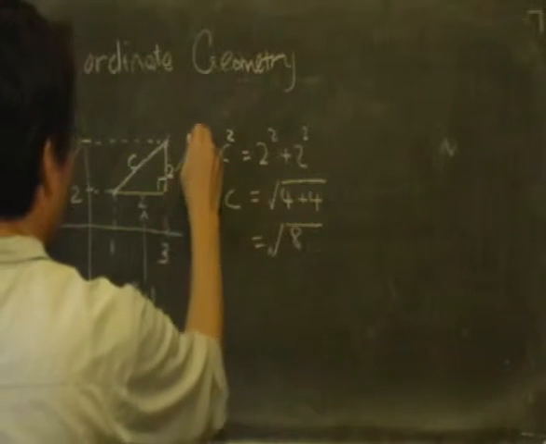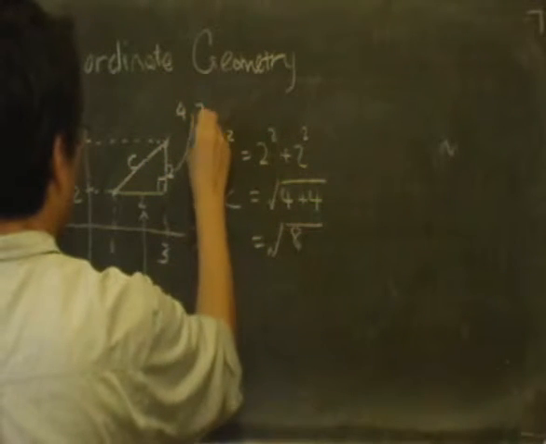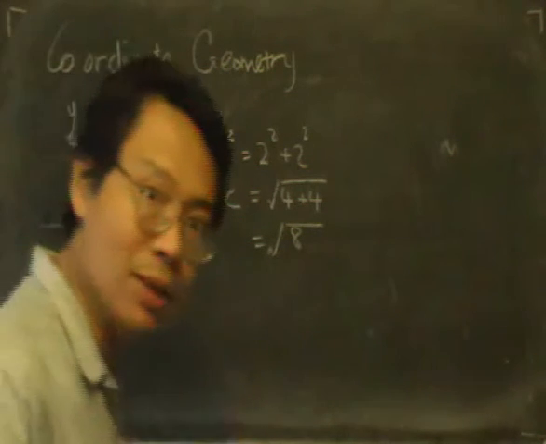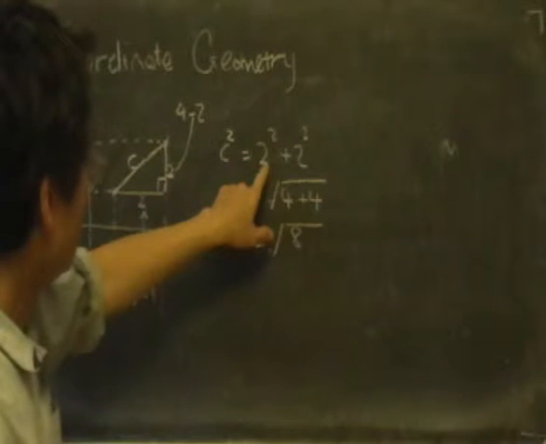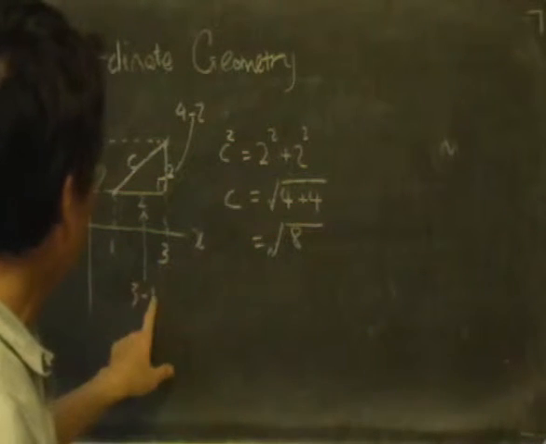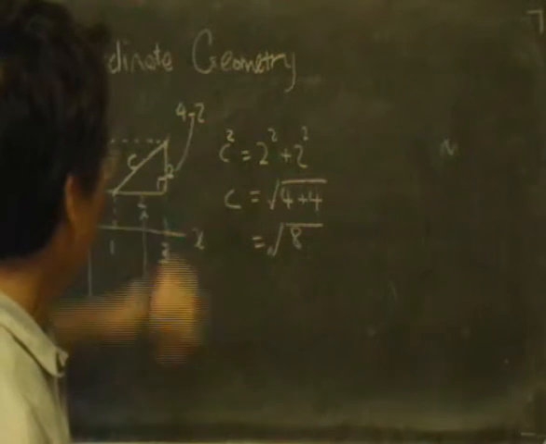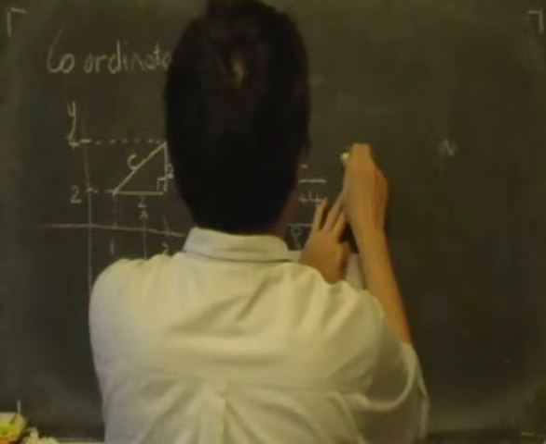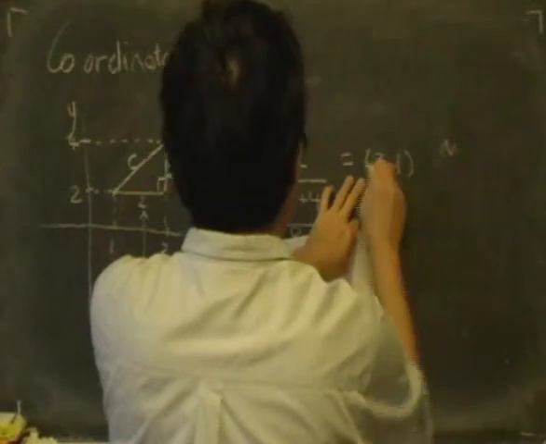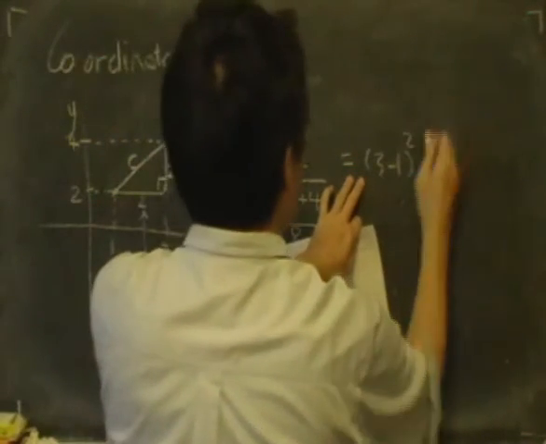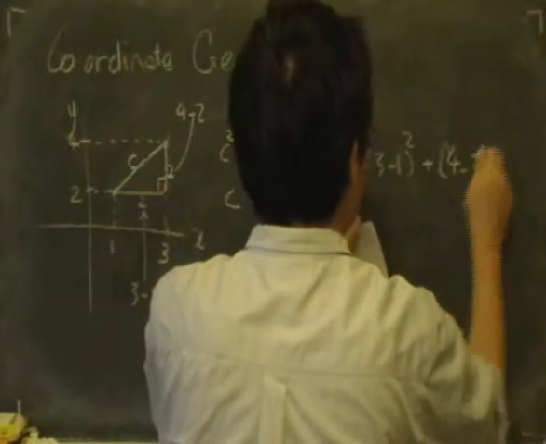That number came from subtracting the 4 and the 2. So I'm tracing back the number to see where it comes from. The 2 there is actually the 3 minus 1, and the 2 there came from the 4 minus 2. So this was actually 3 minus 1 squared, and the 4 minus 2 squared.